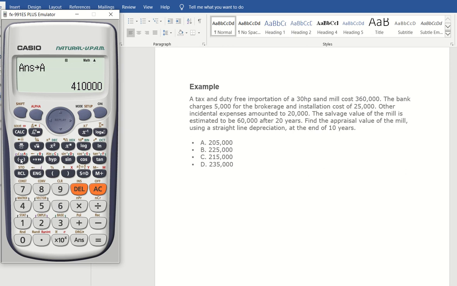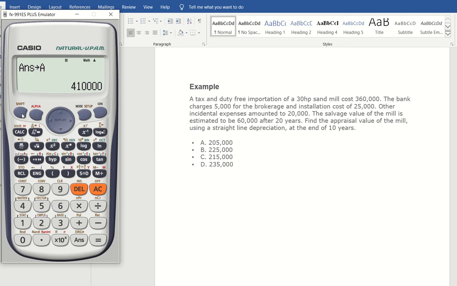So right now, what we are going to solve is, guess what? What we are going to solve is for our B value. For our B value, that's going to be the whole cost minus the salvage value divided by the years.